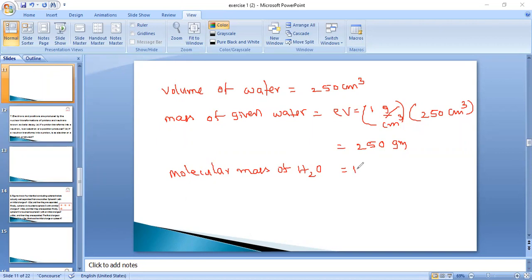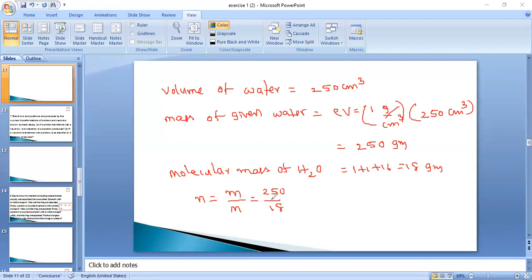So that 1 plus 1 plus 16, total it is 18 grams. And now the given 250 grams of water, how many moles are there? The number of moles is nothing but total mass by molecular mass. That is 250 gram by 18 gram. So this is the value for number of moles.